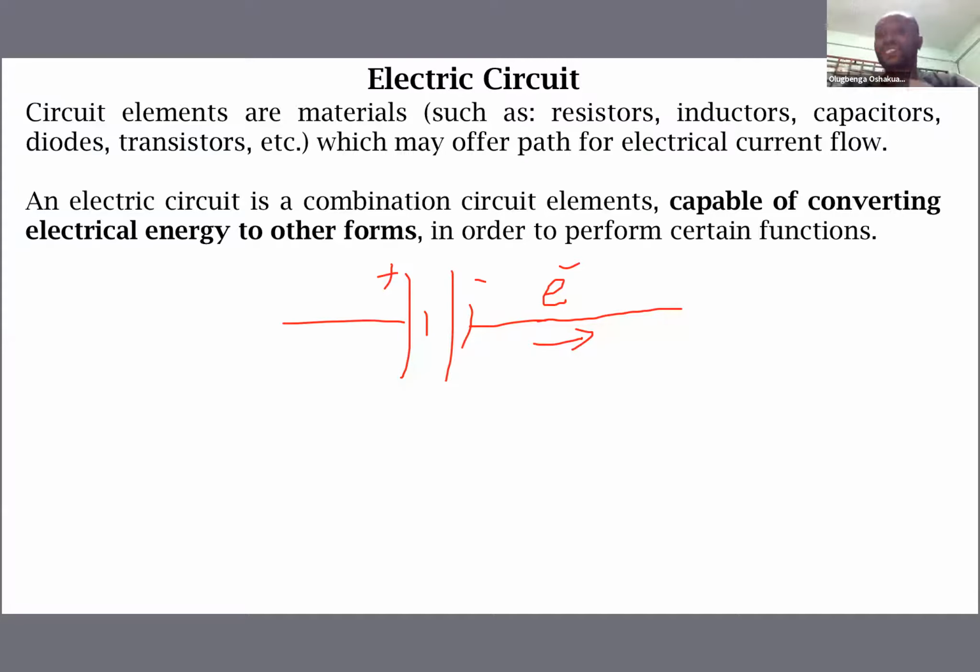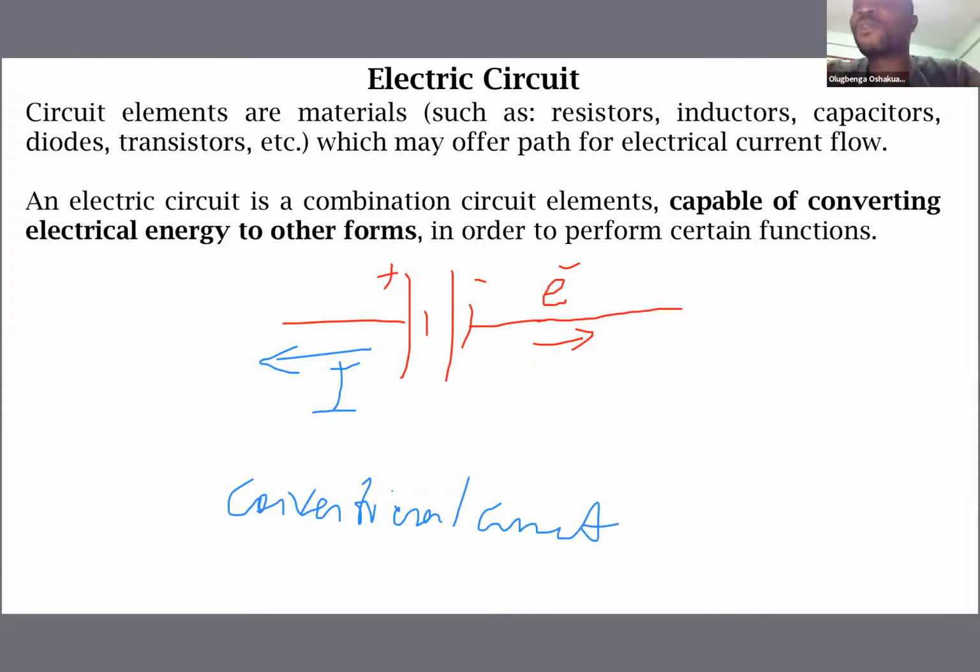So for that reason, we have what we call the current flow, which is usually represented as I. The full name is conventional current. Conventional current, because it is more convenient to think about currents while analyzing circuits than thinking about electrons.